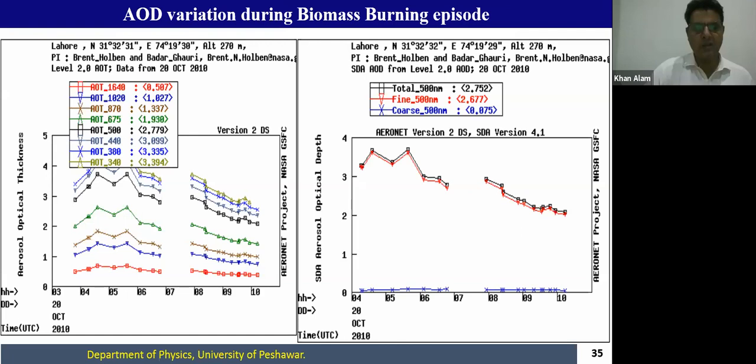During this biomass burning episode, as it belongs to fine particles, we have a higher aerosol optical depth of fine particles.